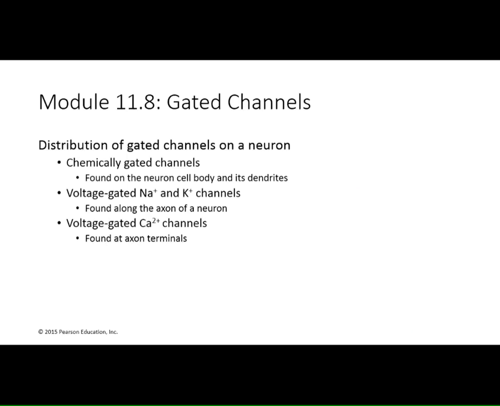Okay? Now, in a neuron, getting back to what we're talking about here in the nervous system, there are chemically gated channels. They're going to be found on the neuron cell body and the dendrites. There are voltage-gated sodium and potassium channels. We've already seen those. Okay?